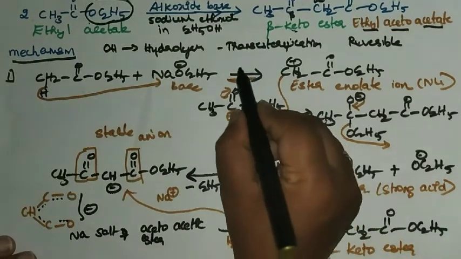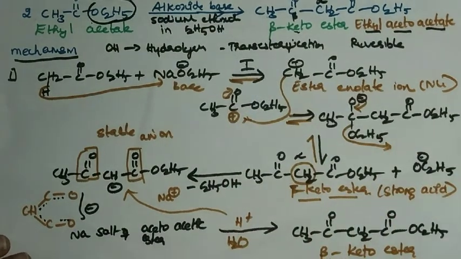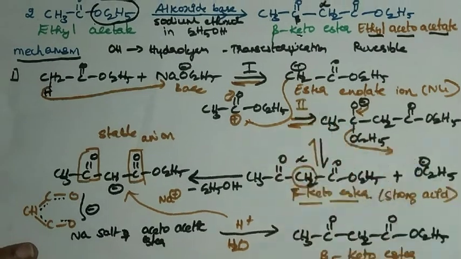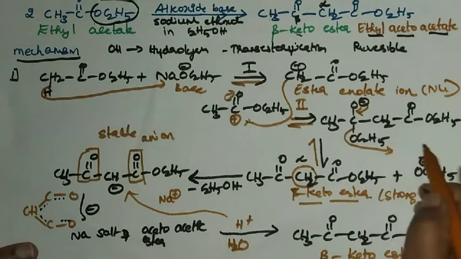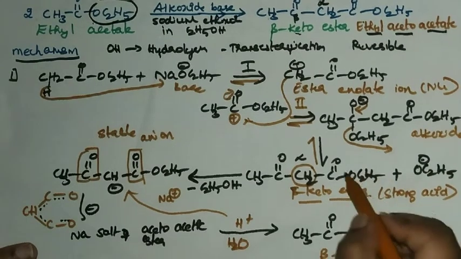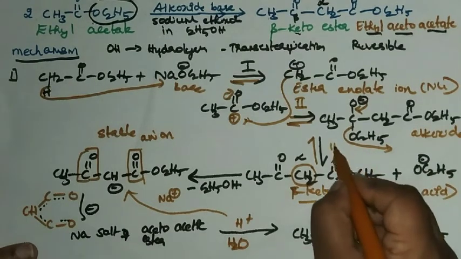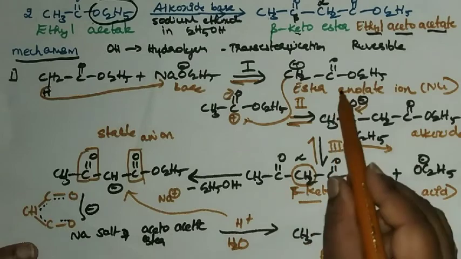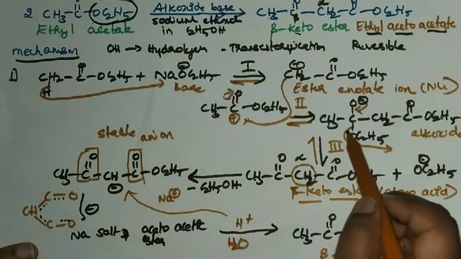See, in the first step the nucleophile is formed, and in the second step the nucleophile attacks the electron deficient carbon to form alkoxide ion. This is the alkoxide derivative, from which ethoxide ion will go to form beta keto ester, but it will not give a good yield because it is a reversible reaction.